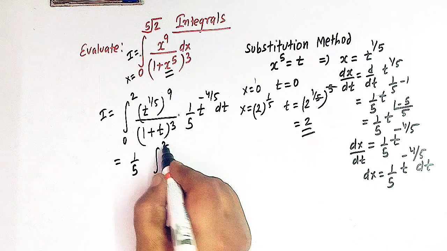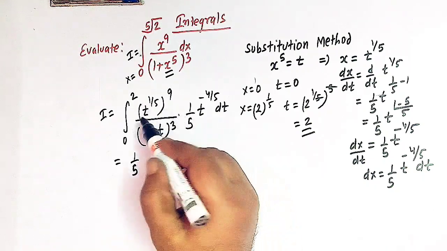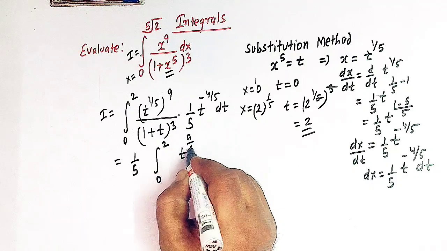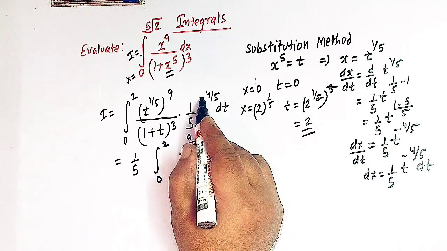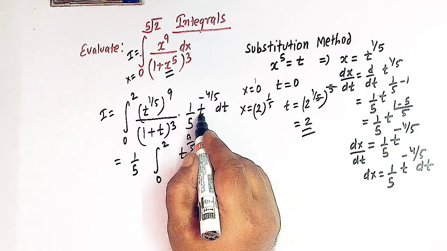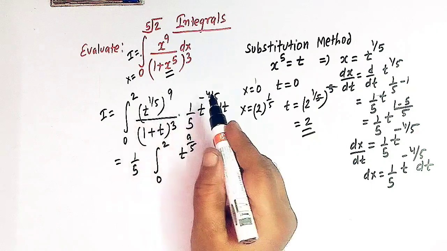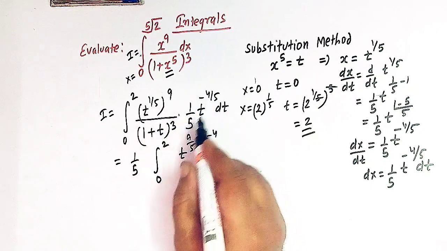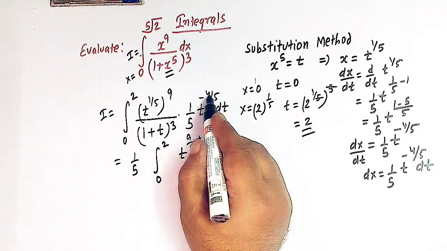We have 0 to 2, and here we have t raised to 9 over 5 and t raised to minus 4 over 5. So the bases are the same, and by the laws of exponents we can add both these fractions.